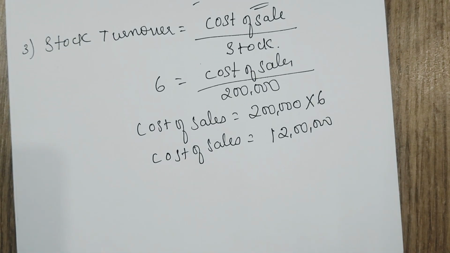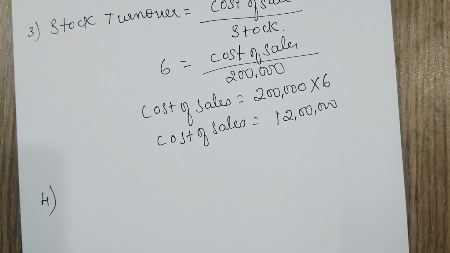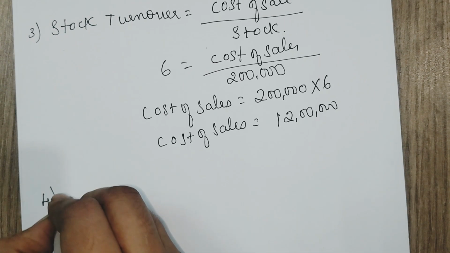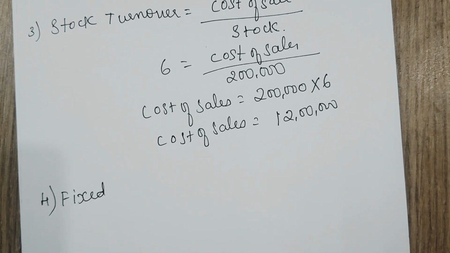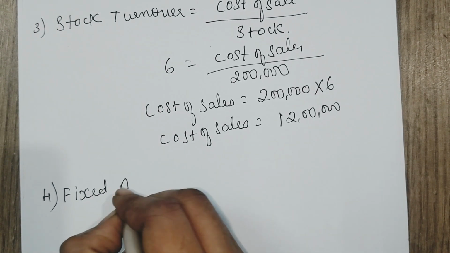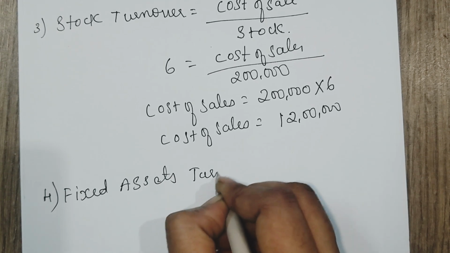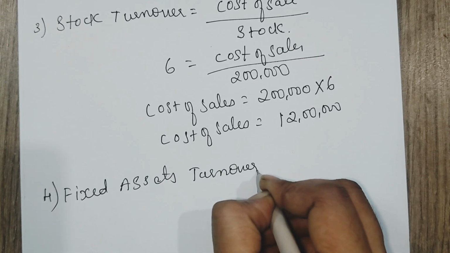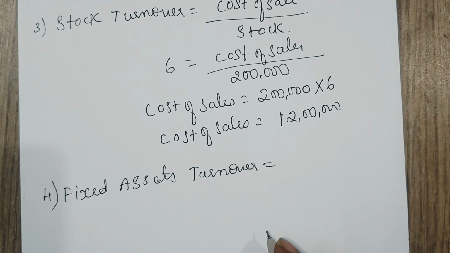12 lakh. Then next, let us find out the fixed assets turnover. Whatever order the question is asked, in the same order we are solving it.